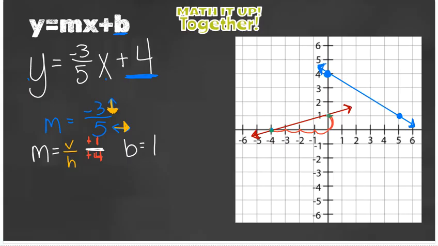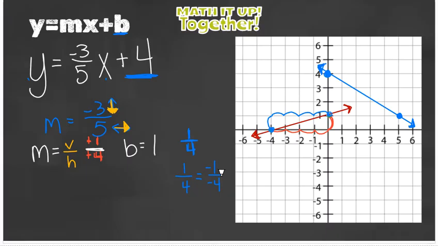So let's count from here to here. We would be traveling up 1, which would be a positive 1, and traveling right 1, 2, 3, 4, which is a positive 4. So we can see easily here that a positive 1 over a positive 4 is the same as a negative 1 over a negative 4.